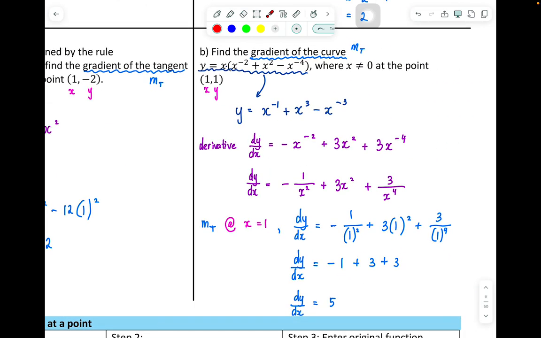Last but not least, again, we're finding the gradient of the curve. There's an x outside here, so I expanded that into the bracket. Here's a simplified expression. Notice this is still the original equation.